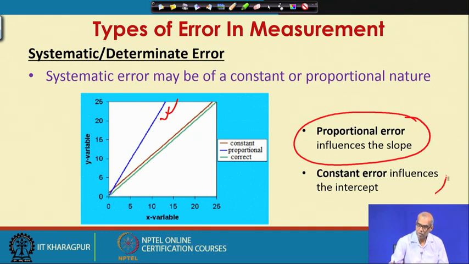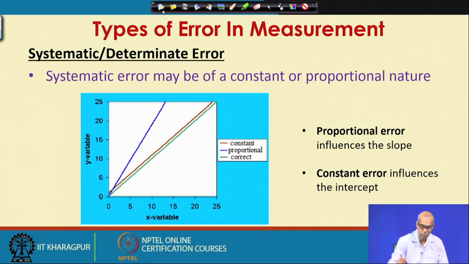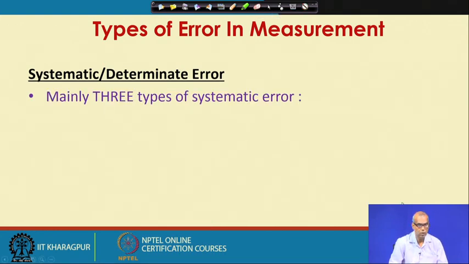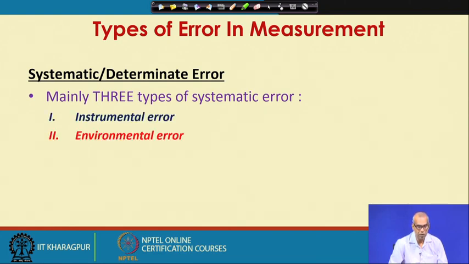Constant error influences the intercept. Systematic or determinate errors are mainly three types: instrumental error, environmental error, and observational error.